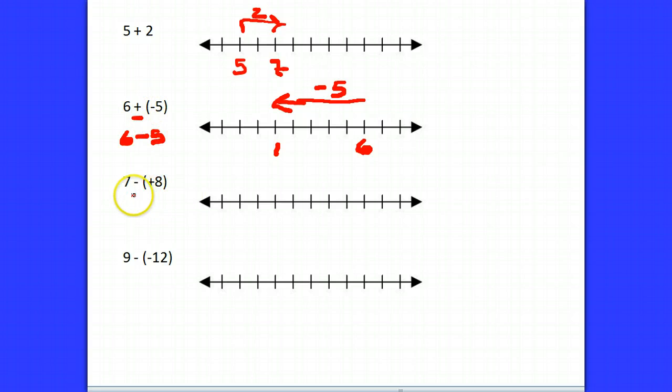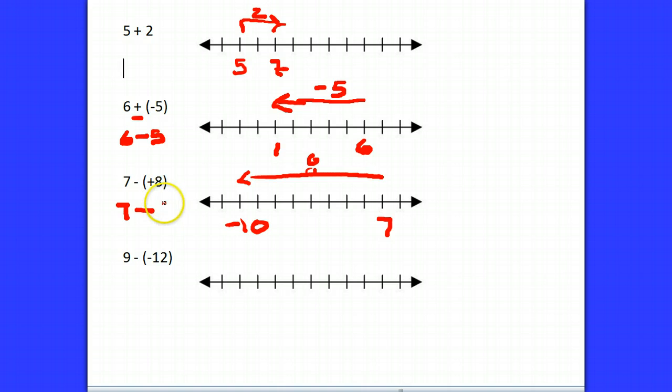When you have a subtraction or negative sign out front, as in this case where I'm starting at 7 and subtracting 8, I go in the subtraction direction, 1, 2, 3, 4, 5, 6, 7, 8, and end up at -1. When you're subtracting, you're actually reversing what's in the parentheses. If you see a subtraction sign out front, you can take the number in the parentheses, rewrite it, and change its sign.